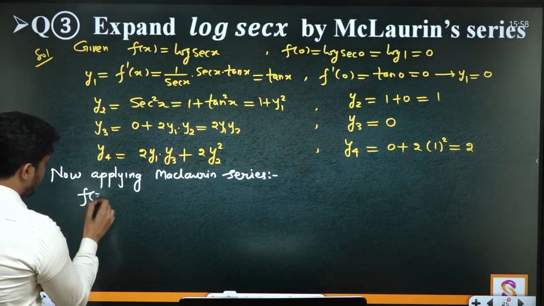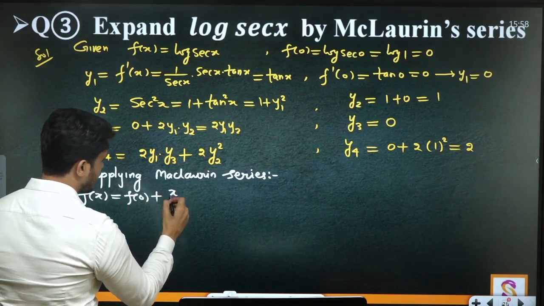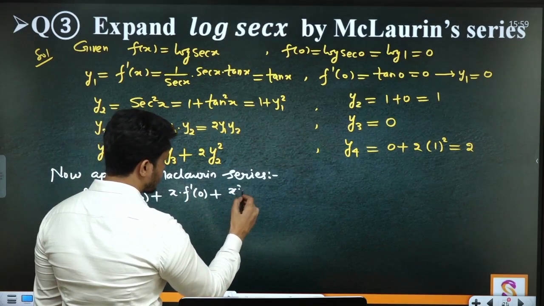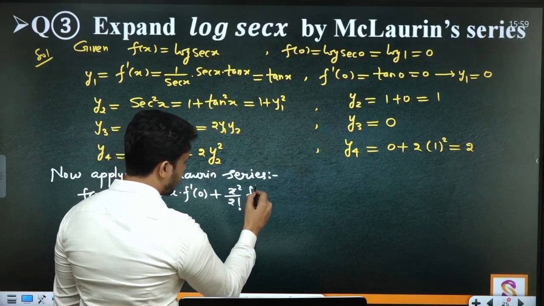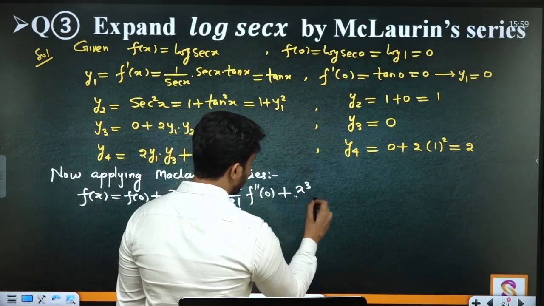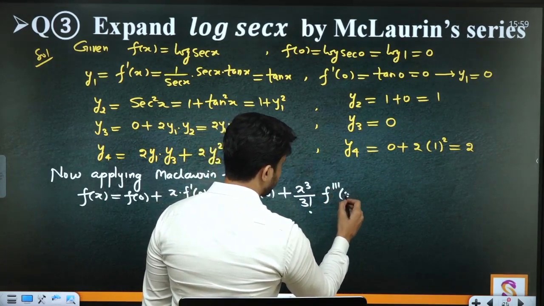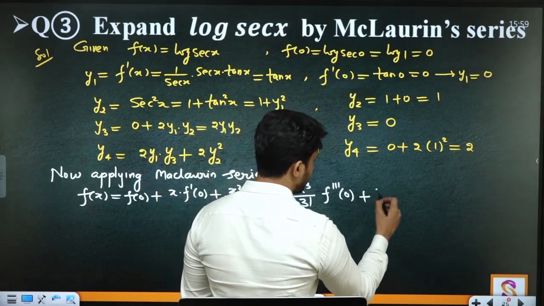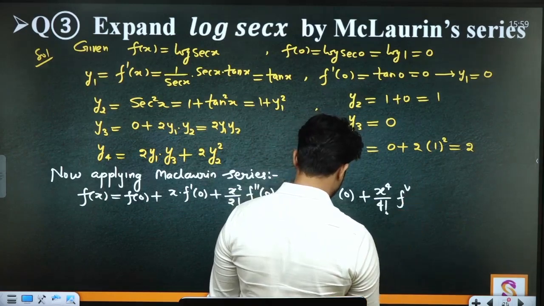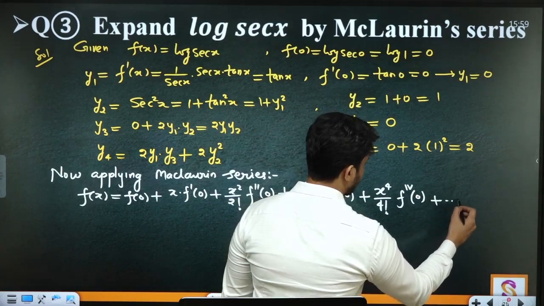So f(x) equal to f(0) plus x into f dash 0 plus x square upon 2 factorial into f double dash 0 plus x cube upon 3 factorial f triple dash 0, one more term x4 upon 4 factorial into f4 of 0, and so on.